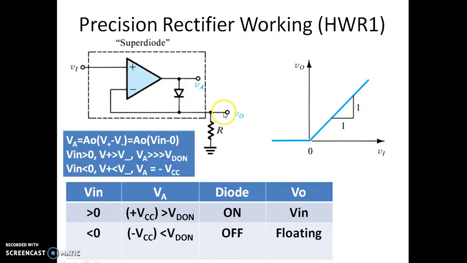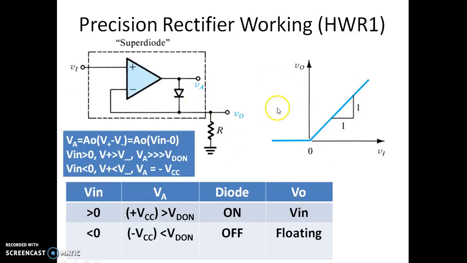Now the output voltage looks floating, as we have no connection over here. Once it is open circuit, the output voltage is connected to the inverting terminal, so the inverting terminal is actually the input voltage. This is a floating voltage here. But when the diode is conducting during the positive half cycle, the output follows the input.